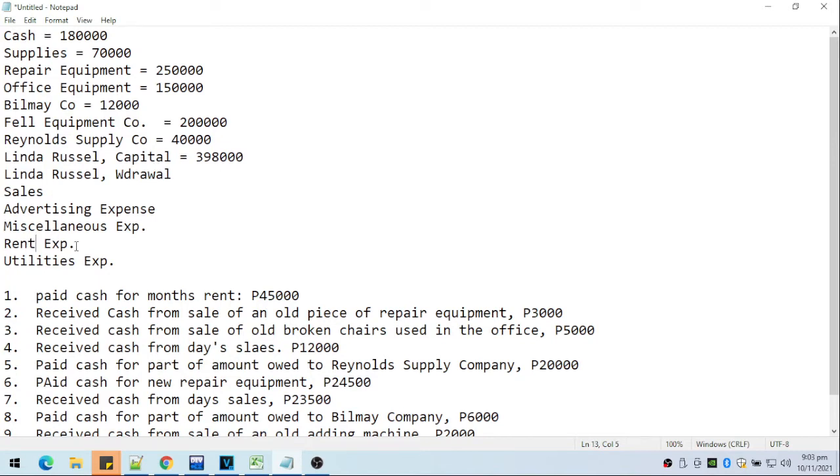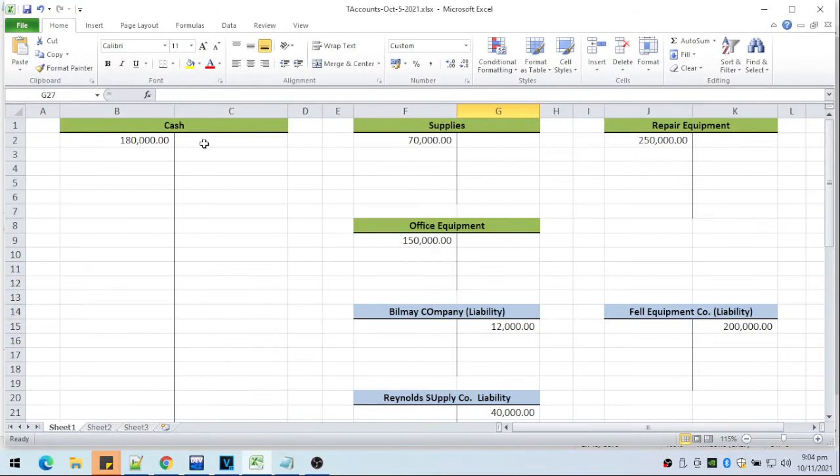Cash is of course an asset. If we paid cash, that will lessen our cash, and to lessen an asset, you have to place it on the right side. So we have here 45,000. This is transaction number 1.